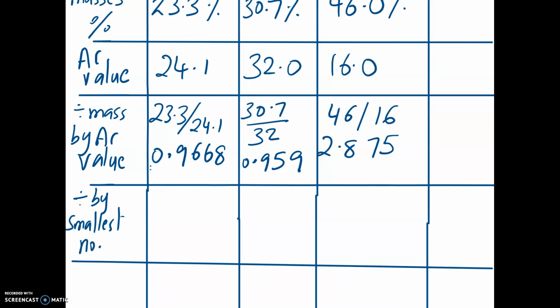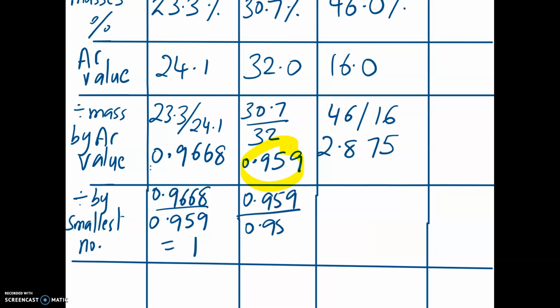So our smallest number is this one here. So if we go 0.9668 divided by 0.959, that gives you 1. If you do the same on this side, 0.959 gives you 1.